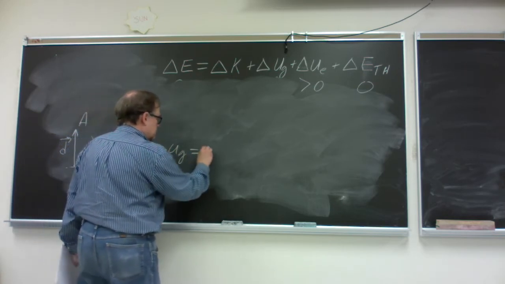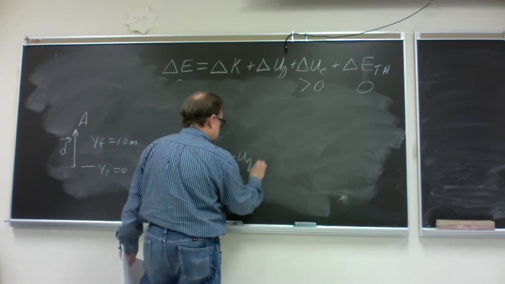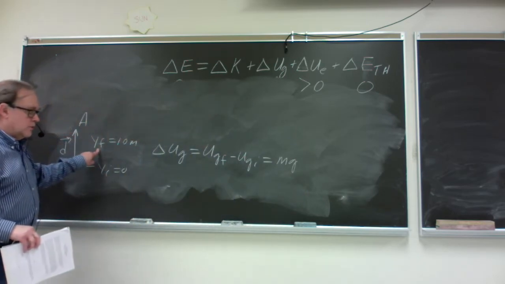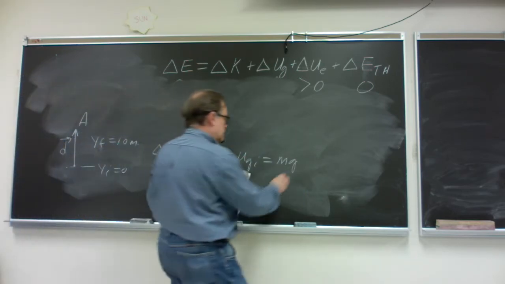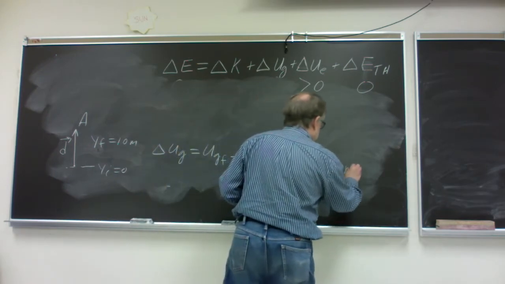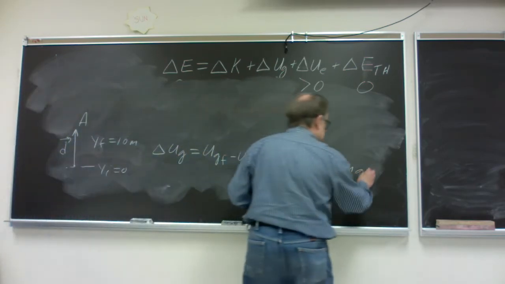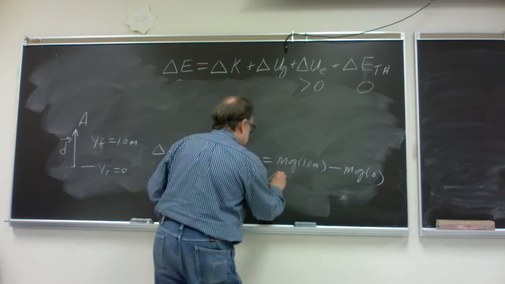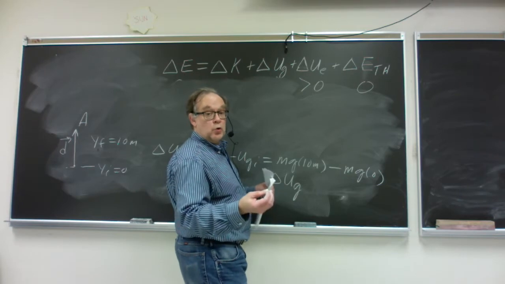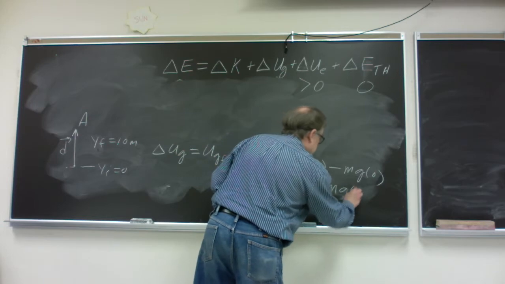Change in gravitational potential energy is just the final minus the initial, which is mg times final elevation, which is 10, minus m times g times initial elevation, which was 0. So the change in gravitational potential energy when we were using coordinate system A is just mg times 10 meters.